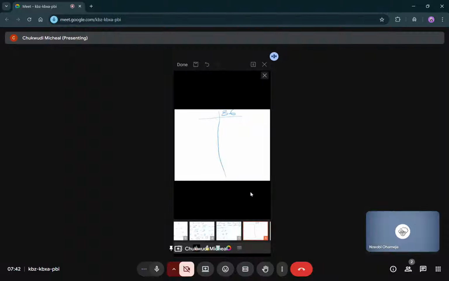We're going to start. What's the first number that can go into 36? 2. Yes, 36 is an even number, so 2 can divide. So I use 2. Now 36 divided by 2, what will I have? 18.